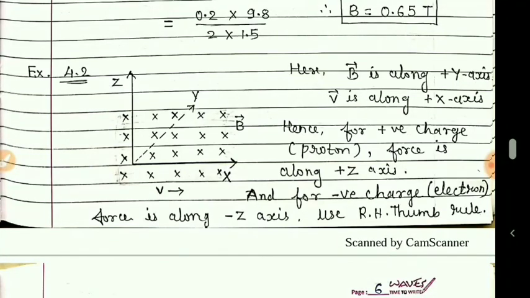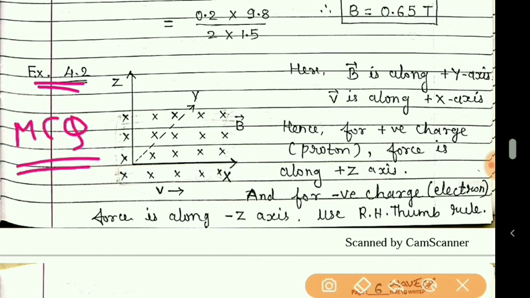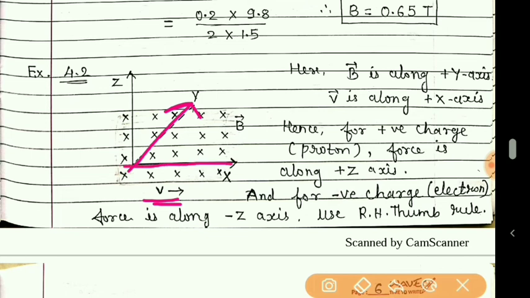Now example number 4.2. This type of examples can be asked only in MCQ or in 1 mark questions. Here in figure you can see that the magnetic field is along the y direction. It is along this direction. Velocity is shown here, which is along positive x direction.